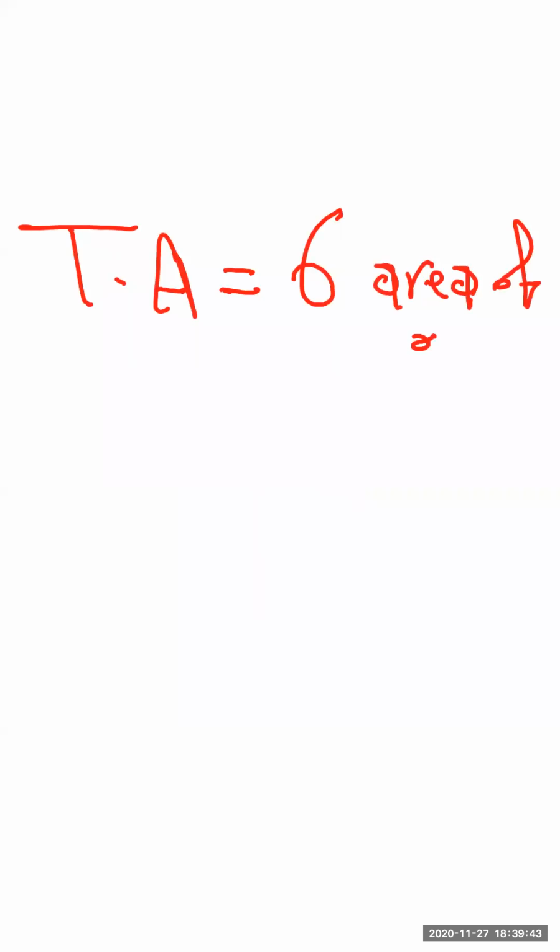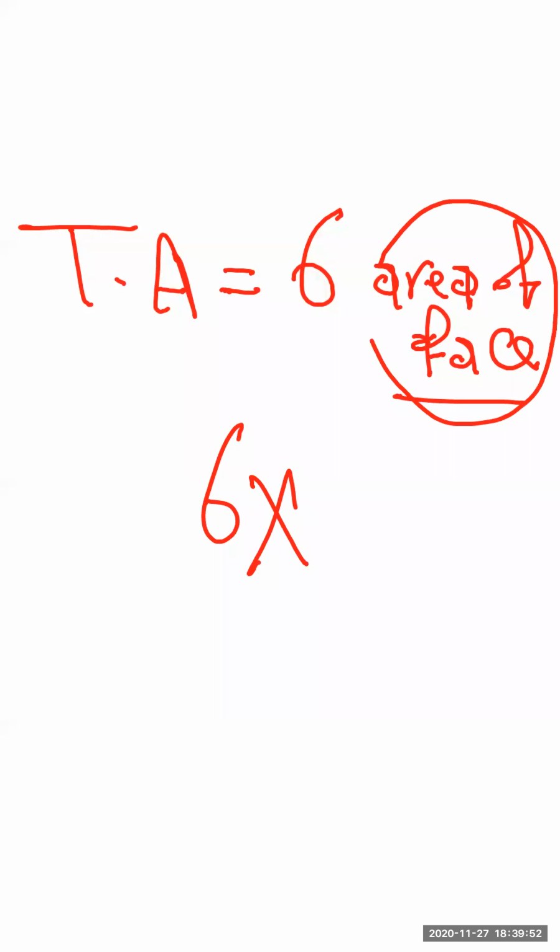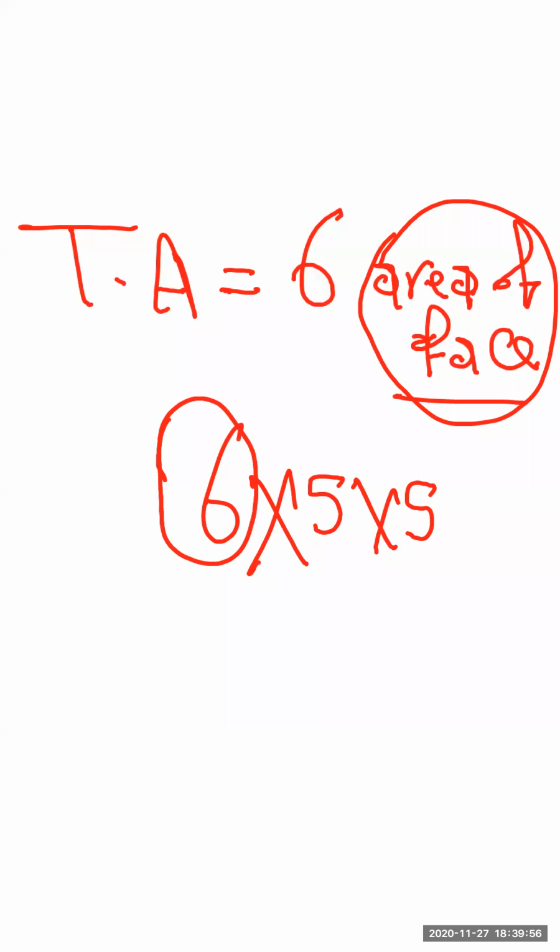We said that total area equals 6 times area of one face. It's 6 faces. That's why I said 6 times area of one face equals 5 times 5. That's why I mentioned 6, because total area equals 6 times area of the face.